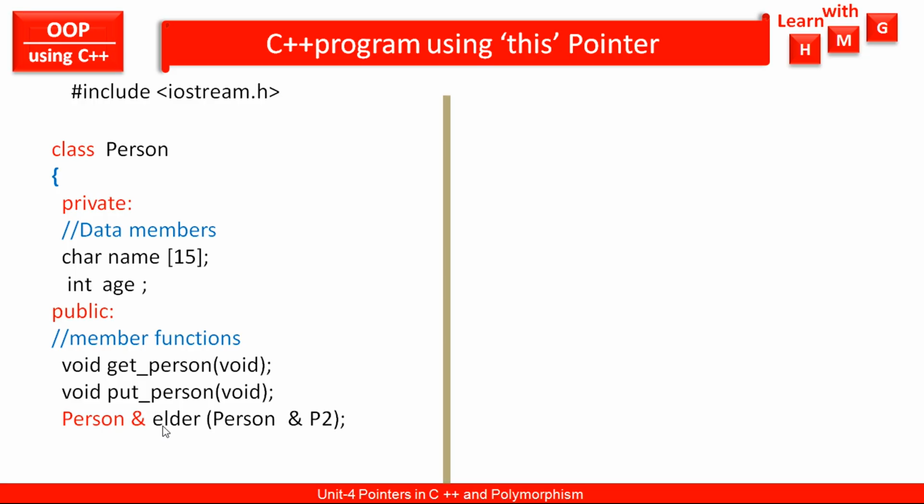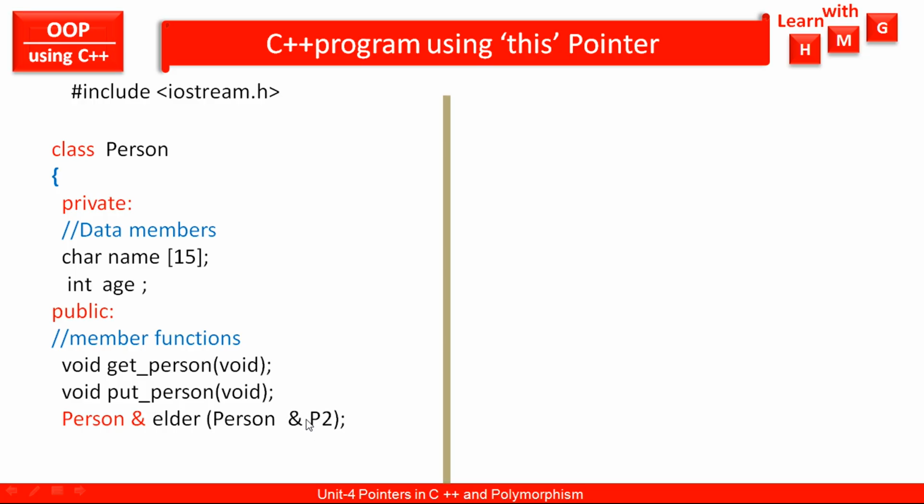Third member function is elder, which is returning person type of pointer. So person ampersand indicates address operator and it indicates pointer, address. So elder function is going to return pointer to person type object, that is the meaning of this person ampersand, and it accepts one object of person type, and here this object is passed by reference.